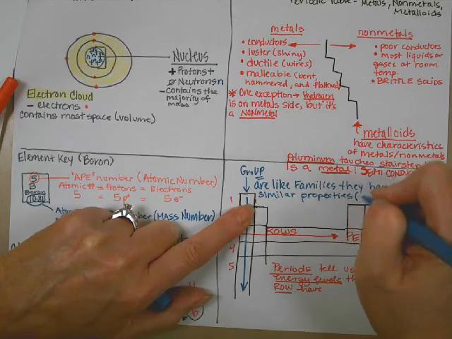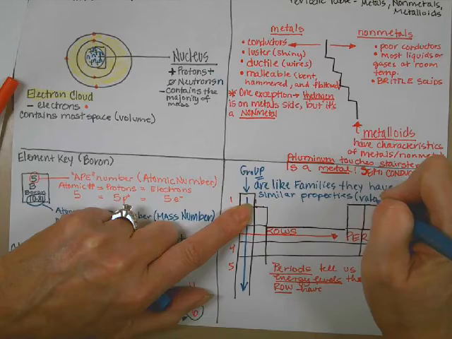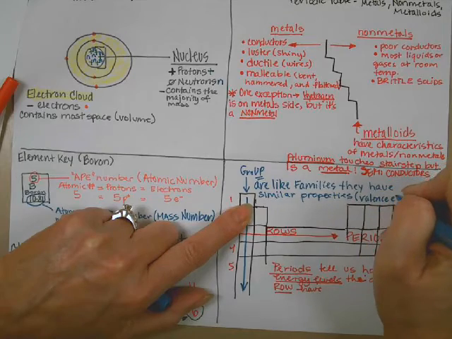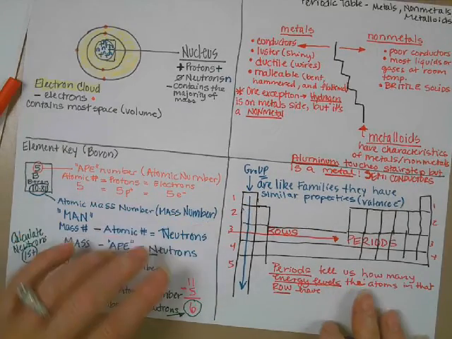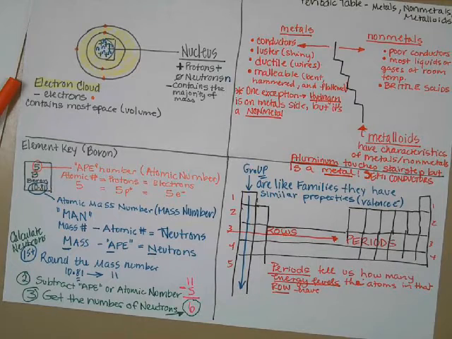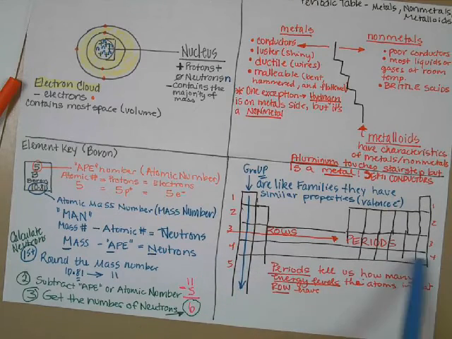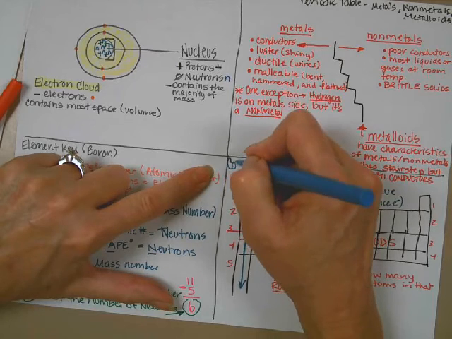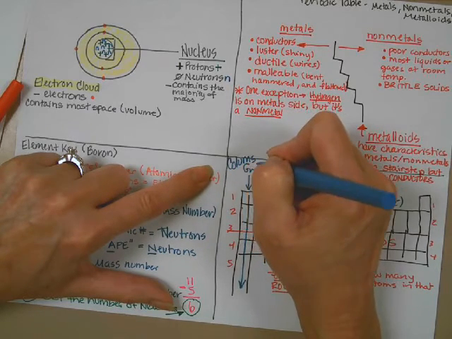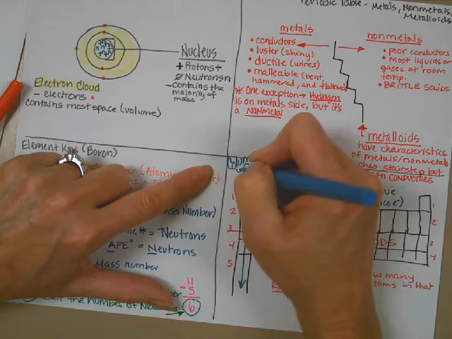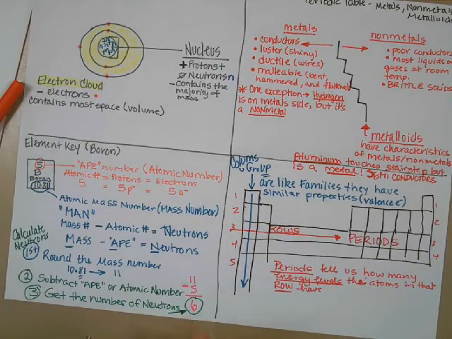So we're just going to put here valence electrons. That's their similar property that they all share. So every column is a group, right? The rows go across, the groups are the columns. The columns, or the groups, they go up and down.